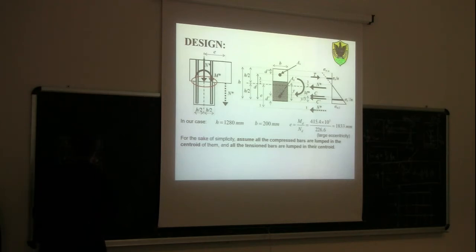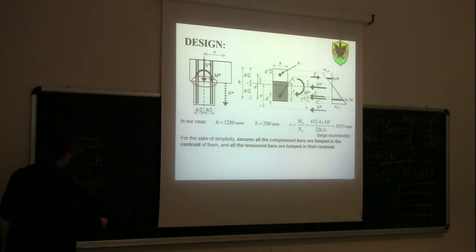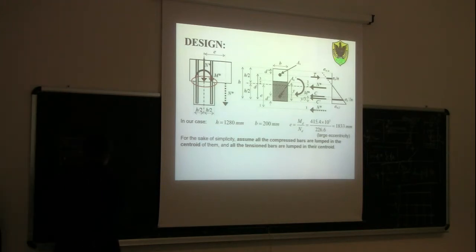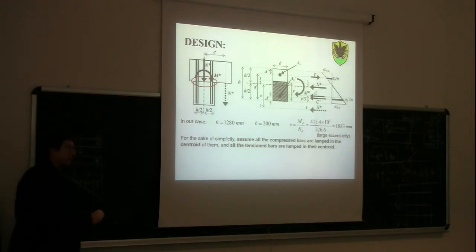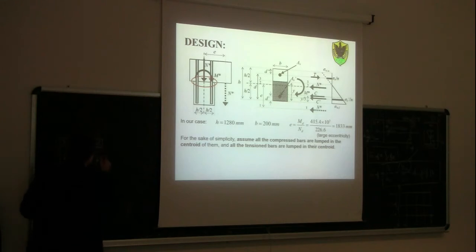If we calculate the stress distribution only at the center of the rebars, you would get a value that would be slightly non-conservative, because in reality, you see that there is one bar a little bit closer to the end of the cross section, and this bar here would have a slightly higher stress.